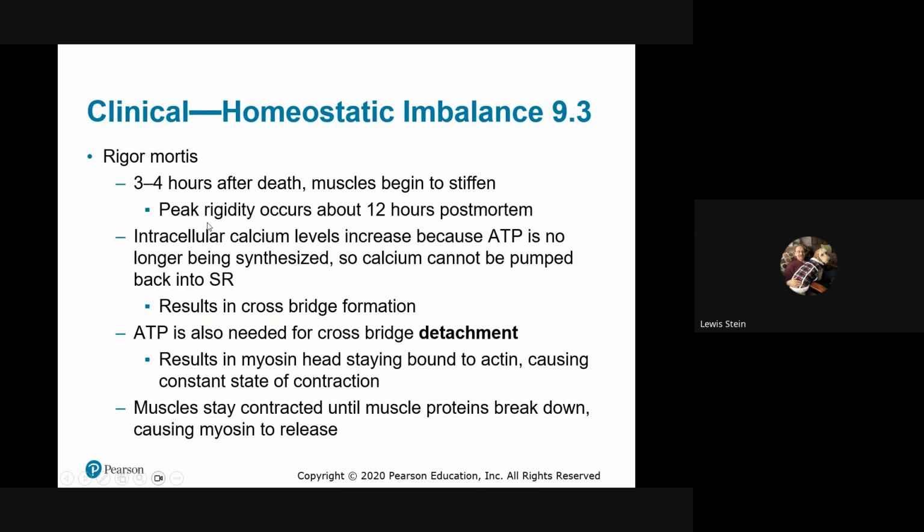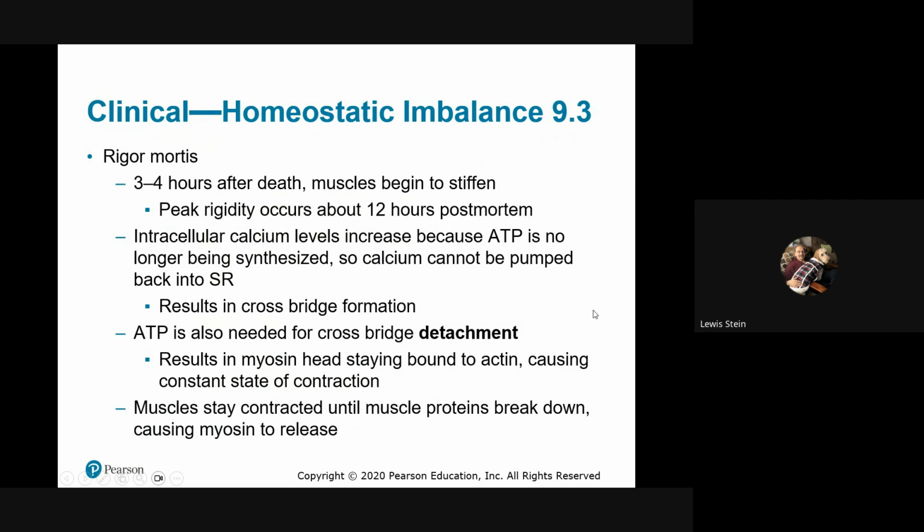So here it is. Peak rigidity, 12 hours. I'm not going to ask you about this. For the most part, you have to know why rigor mortis occurs. It occurs because the energy's already loaded in the heads. The calcium gets released when somebody dies, shortly thereafter depending on the conditions, and boom, that causes the muscles to fire. It becomes rigid, and then eventually it's going to deteriorate and let loose.